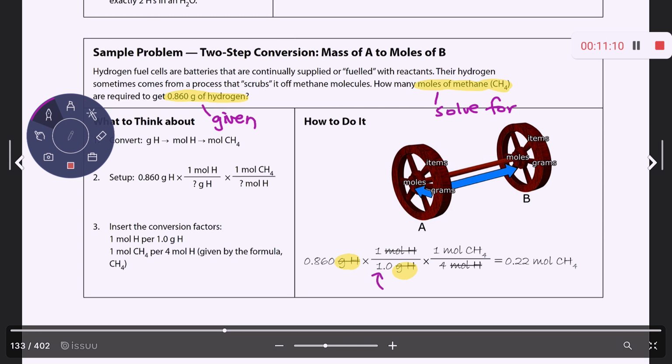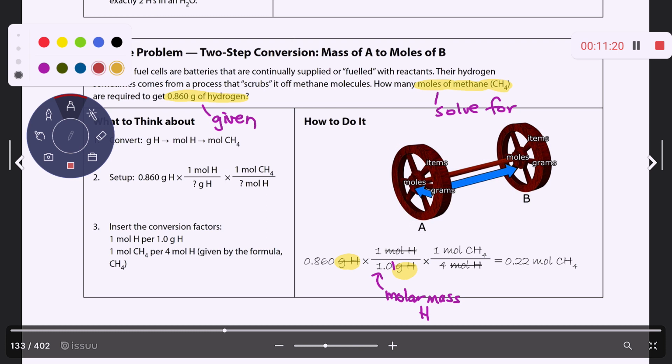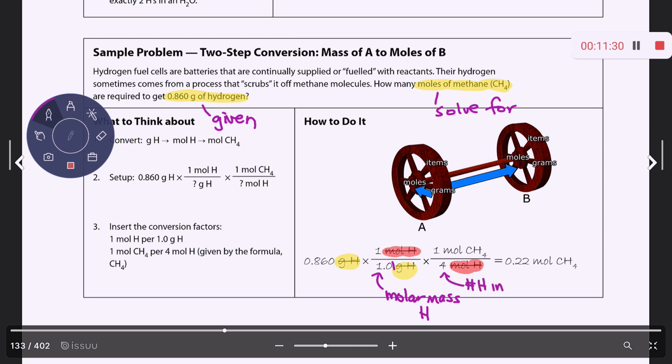This number right here is the molar mass of hydrogen. Technically, it would be 1.01. You put 1 mole of hydrogen on the other side, and then moles of hydrogen needs to follow you onto the diagonal because that unit needs to cancel. This 4 right here is the number of hydrogens in the CH4 chemical formula. And then we can solve for moles of CH4. In your calculator, this would be 0.860 divided by 1.01 divided by 4, enter.